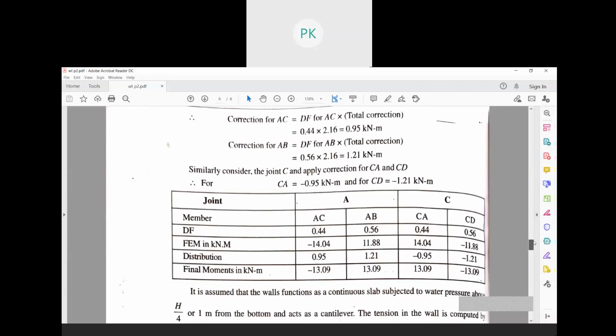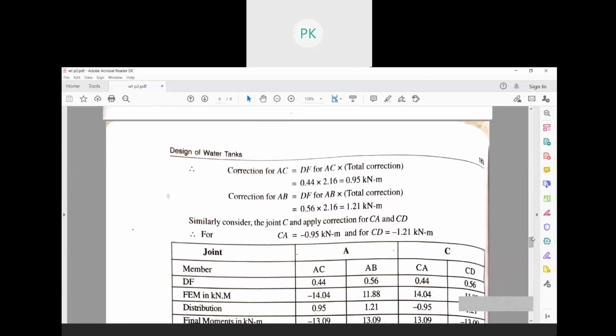Correction for AC: the distribution factor for AC is 0.44 and the total correction is 2.16, which is 0.95 kilonewton meter. Next, correction for AB: we have the distribution factor of AB as 0.56 multiplied by the total correction, which is 2.16. That correction for AB is 1.21 kilonewton meter.